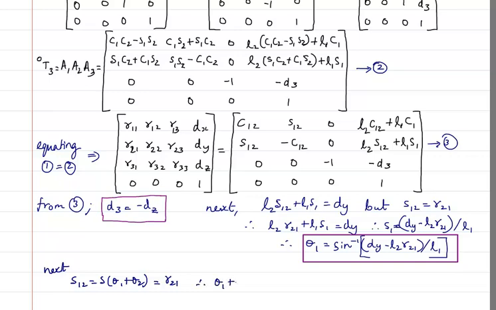Therefore theta 1 plus theta 2 is going to be sine inverse of R21, and theta 2 will be given by sine inverse of R21 minus theta 1.